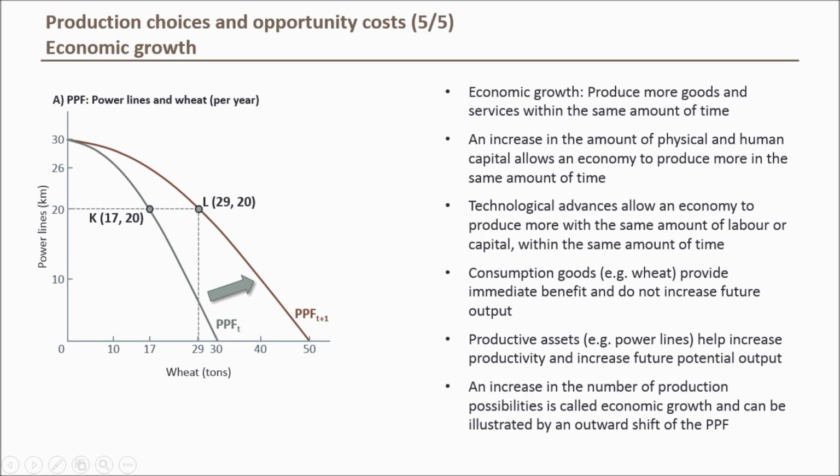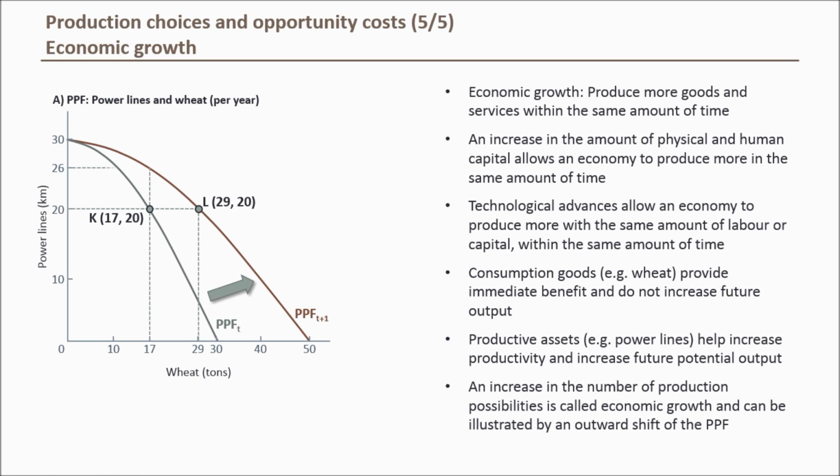However, the improvement in the production of wheat does not mean the economy will use all of this improvement just for the production of wheat. In other words, the improvement in wheat crop yield does not imply that the production of power lines will remain fixed at 20 kilometers and that point L is the allocative efficient point. Because the improvement in wheat production allows us to produce more wheat with the same amount of productive resources, it means we can use fewer resources to produce the same amount of wheat and shift the remaining resources away from wheat production and towards power line manufacturing.